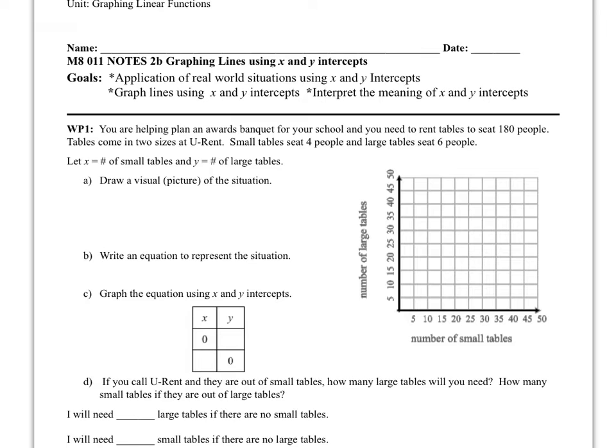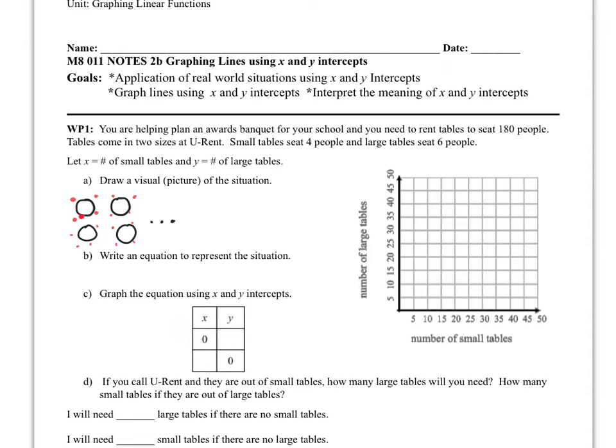So the first thing I'm going to do is draw a visual of the situation. So here might be my small tables. I don't know how many of those I'm going to have. And at each one, I want to show that I have 4 people. I could put stick figures, or I could just put 4 dots around to show that.